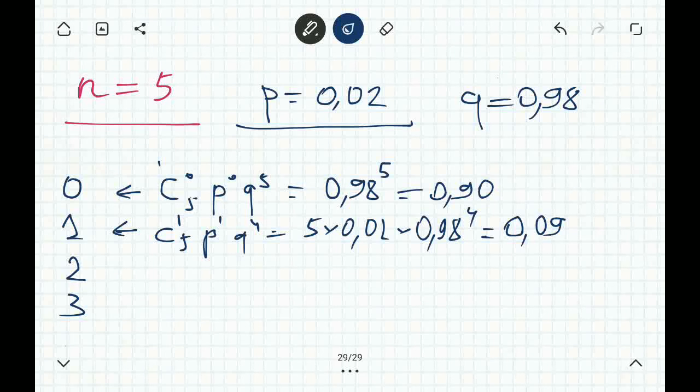And here we will have C2 out of 5. So that will be 5 times 4 divided by 2, I guess, 10. So we will have 10 times 0.02 squared, 0.98 cubed.